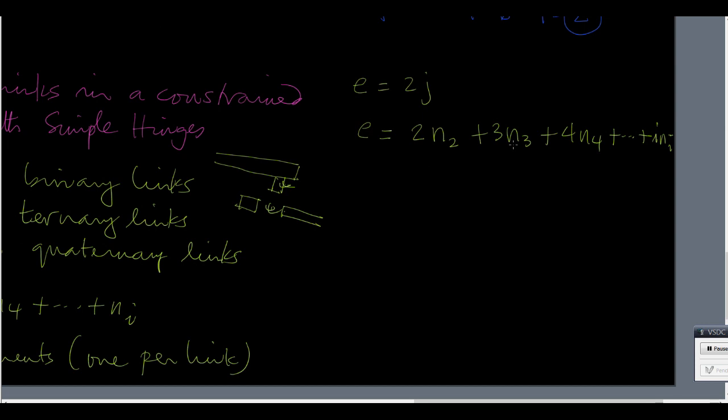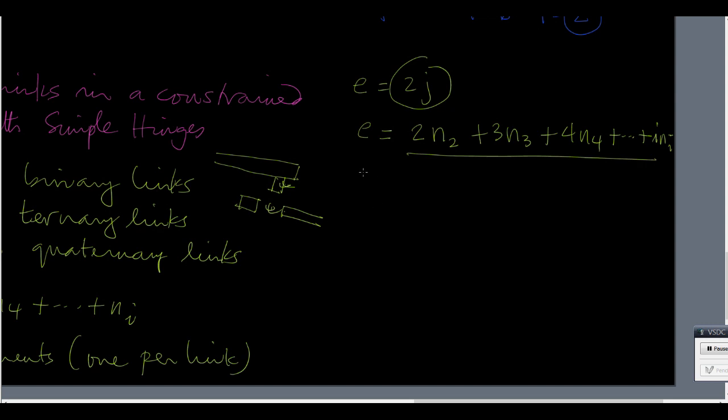Okay. Now we also have the Kutzbach criterion, right? Sorry, yeah, the 2j minus 3n plus 4. We will come to that. Let me just arrange these. So here and here we have our answer.